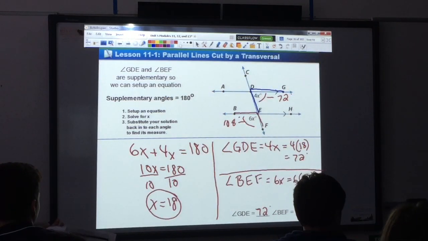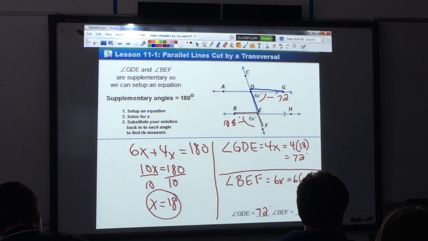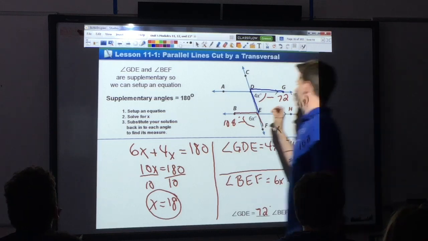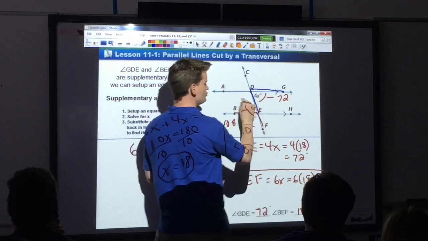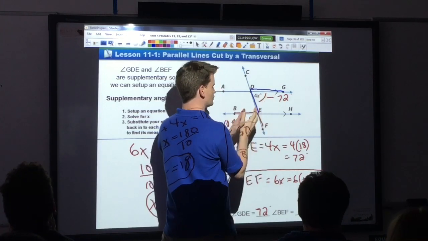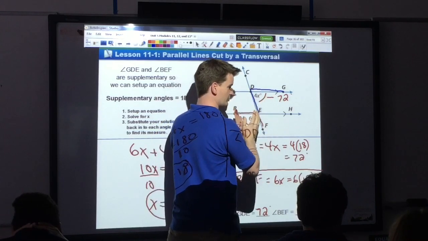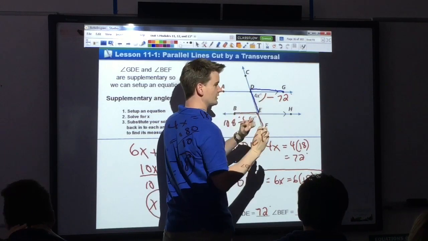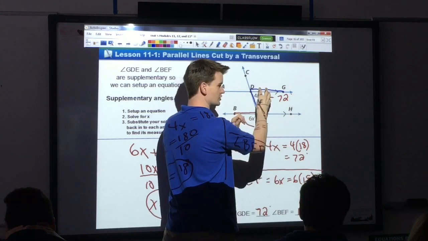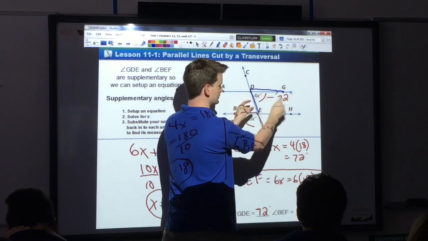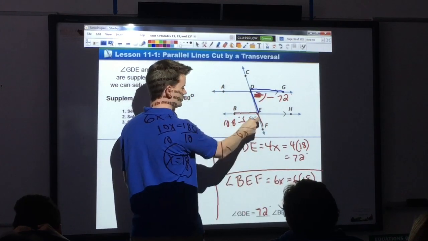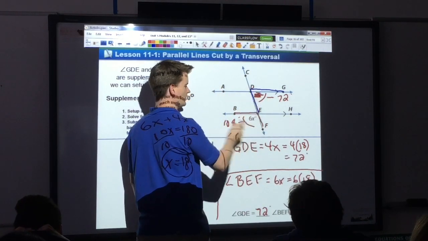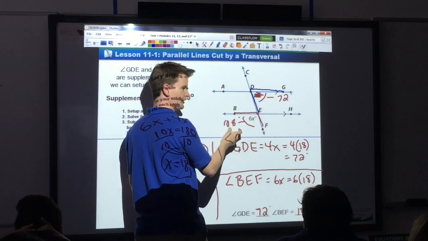Where do you get the variables? The variables are in the problem. Now this is what happens. If you knew that this was 72, what we're doing is we're starting to get you into geometric algebra. So we've taken away the degrees and replaced them with expressions. So gone is 72 degrees, right? If this was 72, and I asked you what this is, you would have been able to use one of the angle relationships and tell me it was 108, right?